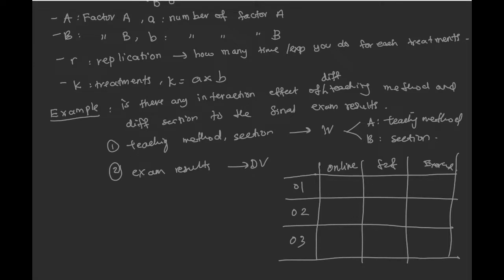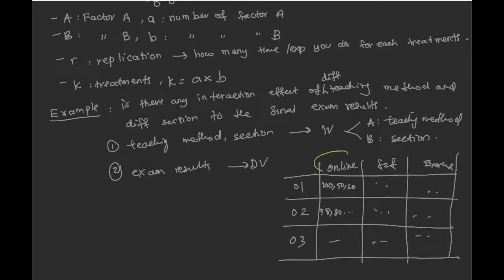Student in section 1 using online learning, the result is 100. Second student in section 1 online learning, 50, 60. So there are 3 students. Student in section 2 using online learning, first student 95. Second student is 80, and so on. So I will have this data of final exam results.